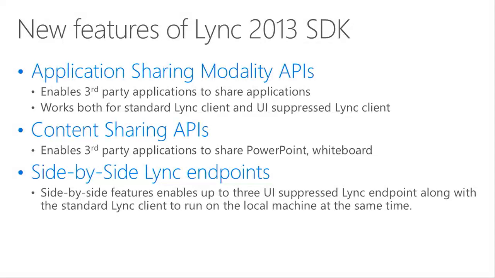This is sometimes useful for some scenarios like the attendant scenario. The attendants can have their own Lync signed in and have some applications running with different credentials so that they can transfer calls using those credentials. Those are the 3 major features that we have added in the Lync 2013 SDK.